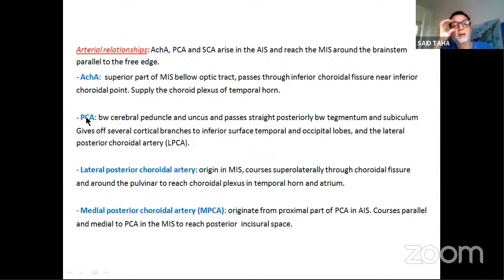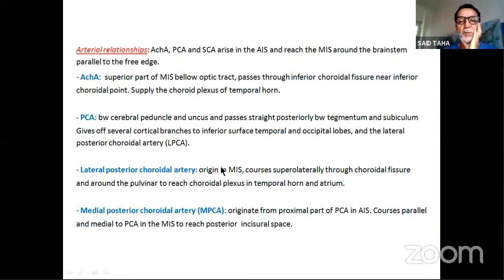The posterior cerebral artery runs between the cerebral peduncle and the uncus and passes straight posteriorly between the tegmentum and subiculum, giving off several cortical branches to the inferior surface of the temporal and occipital lobes, and the lateral posterior choroidal artery.